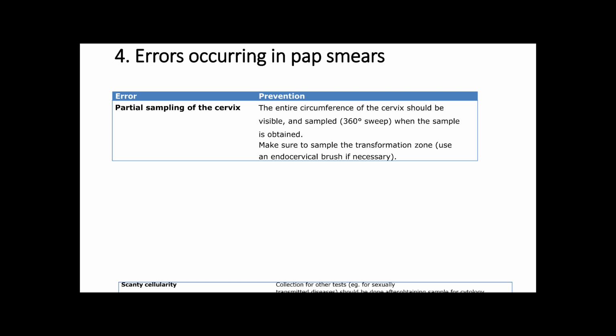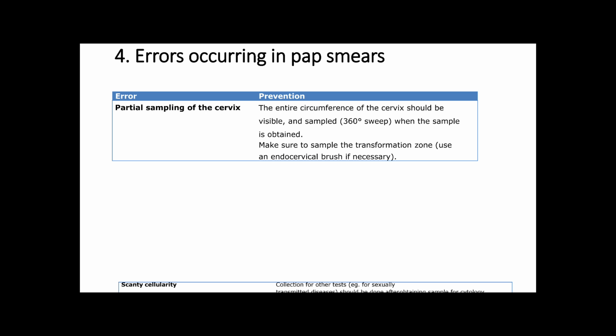So the partial sampling of the cervix is the first error or problem. How to prevent? The entire circumference of the cervix should be visible, and sample 360 degrees with the swab when the sample is obtained.